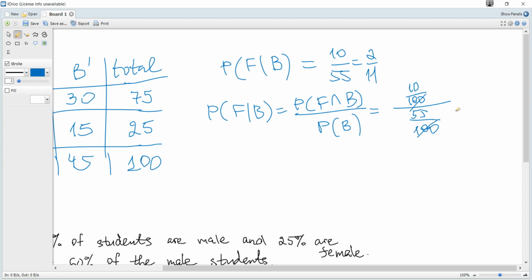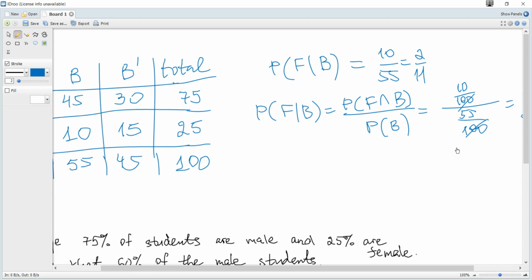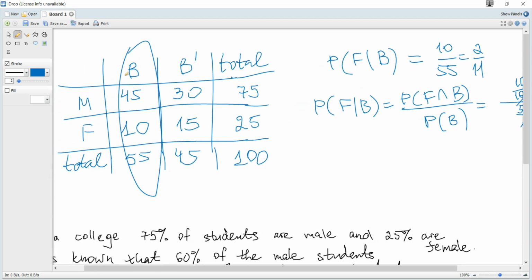You can see that 100 cancels, and we get 10 over 55. It looks like we choose F out of total B, F given B, if we deal with the number of students.